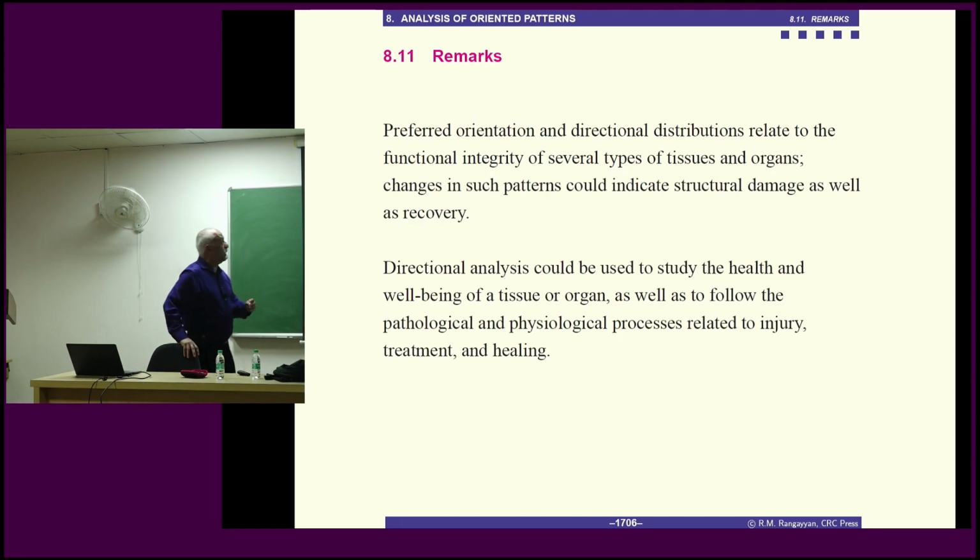We have seen that preferred orientation and directional distributions relate to the functional integrity of several types of tissues and organs. And changes in such patterns could indicate structural damage as well as recovery in the case of ligaments. Directional analysis could be used to study the health and well-being of a tissue or organ, as well as to follow the pathological and physiological processes related to injury, treatment, and healing.